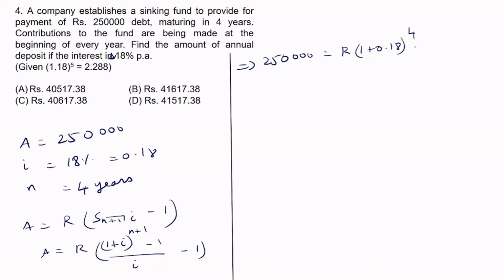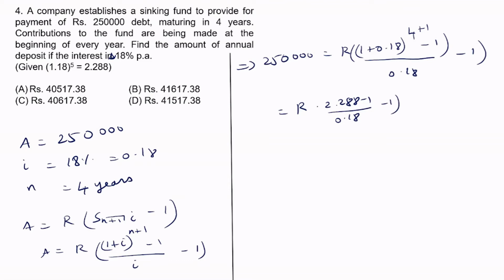The whole raised to 4 plus 1 minus 1 upon I is 0.18, and then there is 1 minus 1 outside. So this is equal to R into 1.18 the whole raised to 5, which is given as 2.288. 2.288 minus 1 upon 0.18 minus 1.